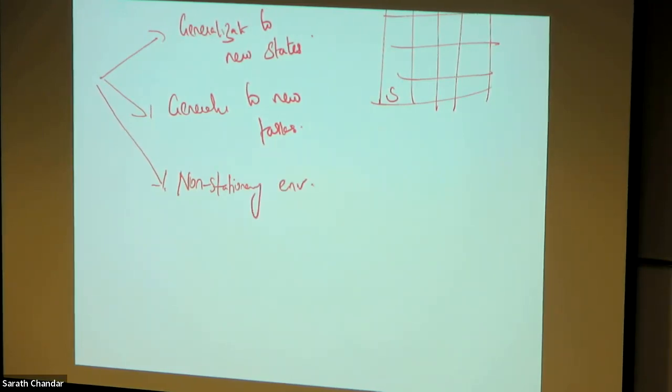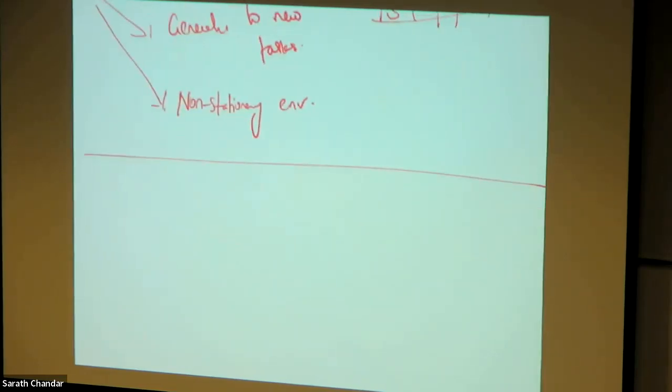When I have a non-stationary environment, it is also like generalization to a new task, but you have one task that changes very subtly, or sometimes abruptly. It could be the transition dynamics that are changing, or the reward function, but there is some change happening all the time. It just means that you can never converge, so you should be constantly learning. Now first let's talk about generalization to new tasks.